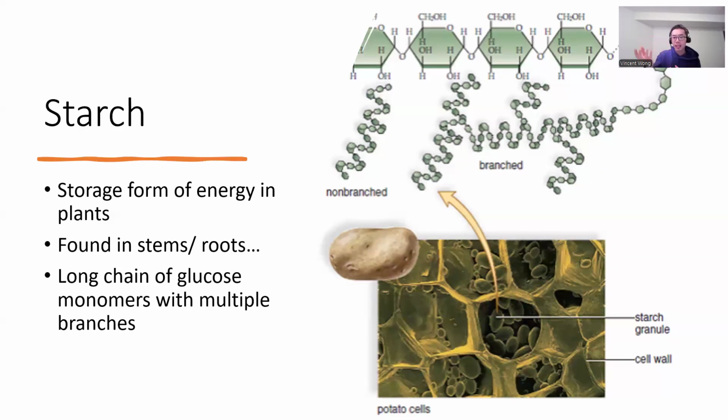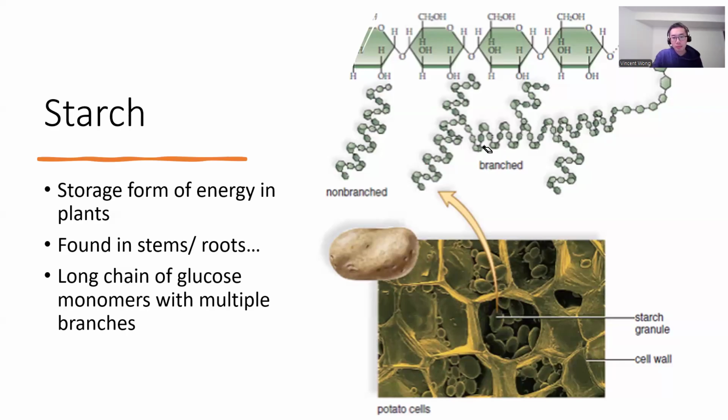In the case of potato, it's part of the root. Same thing with carrots, but they might store it in the stems in other plants as well. And when we consume these plant parts, we are ingesting the starch, and our body will break the starch down into individual glucose, which then we can burn as fuels.